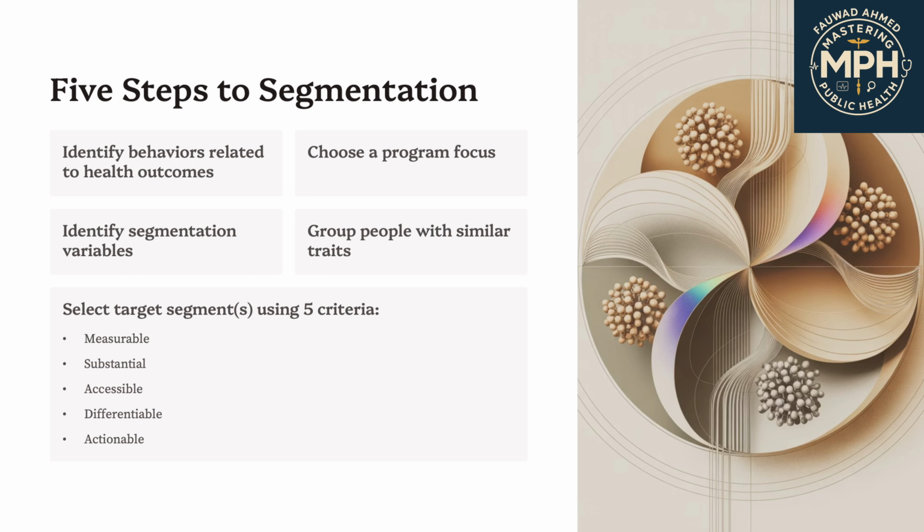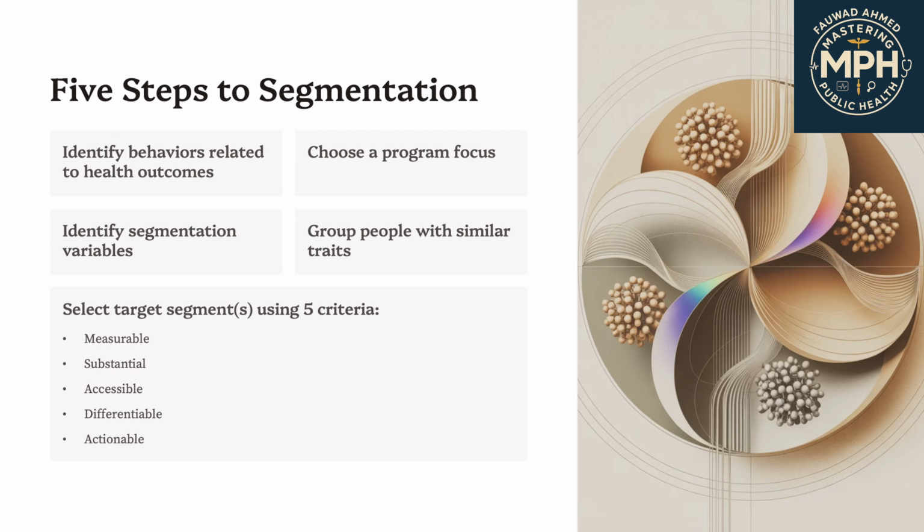Step 1. Identify health-related behaviors contributing to illness or death. Step 2. Choose which behavior your program will target. Step 3. Identify variables that influence that behavior. These can be demographic: age, income, gender; geographic: where people live; psychosocial: beliefs, values, personality; or behavioral: what they do or don't do.